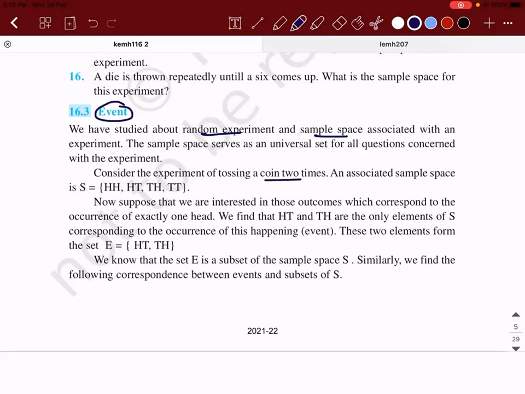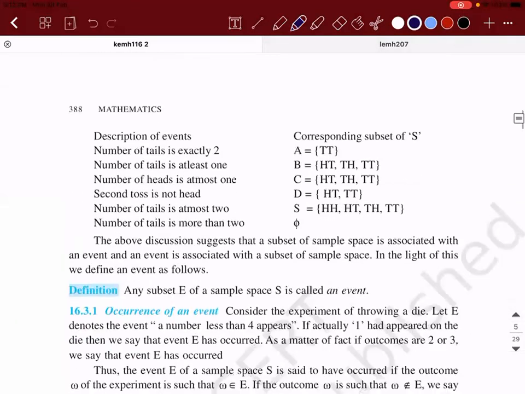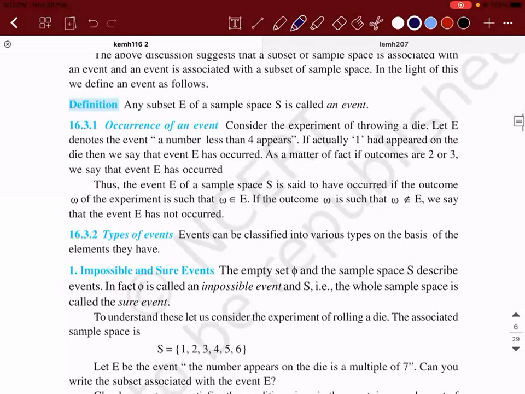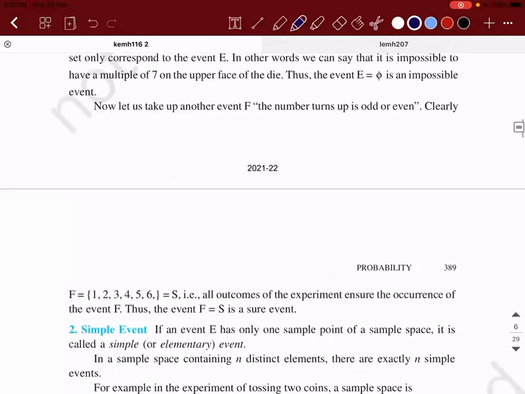If you consider the experiment of tossing 2 coins, what are all the possible outcomes? Head-head, head-tail, tail-head, and tail-tail. In those outcomes, those which correspond to the occurrence of exactly one head, if I put a condition like this, each such occurrence in that particular experiment is what is called an event, right? Why this event is important is because you talk about the occurrence of events or the event not occurring at all, which is called impossible, and the counterpart of it is called a sure event, right?